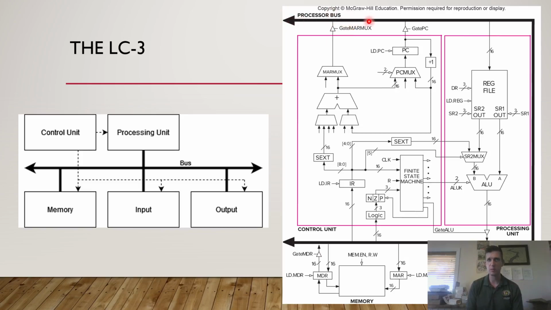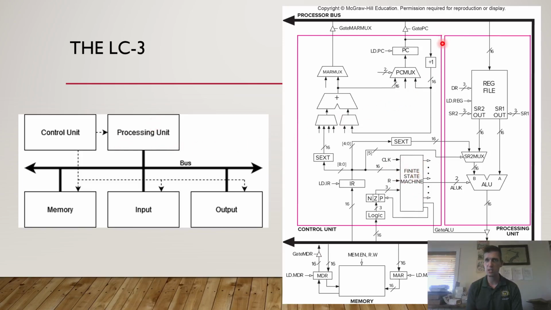This big solid black line is a set of wires that almost every component in the LC-3 is connected to, that allows the LC-3 to move data to various components on my computer. You can see I've got my control unit here in this pink box, which includes predominantly the finite state machine that runs my computer.